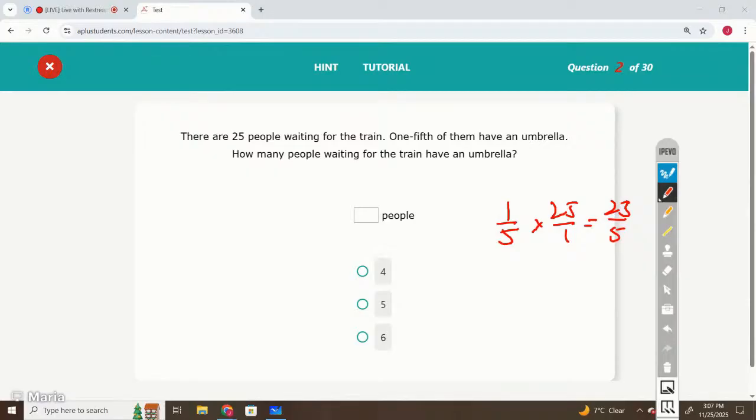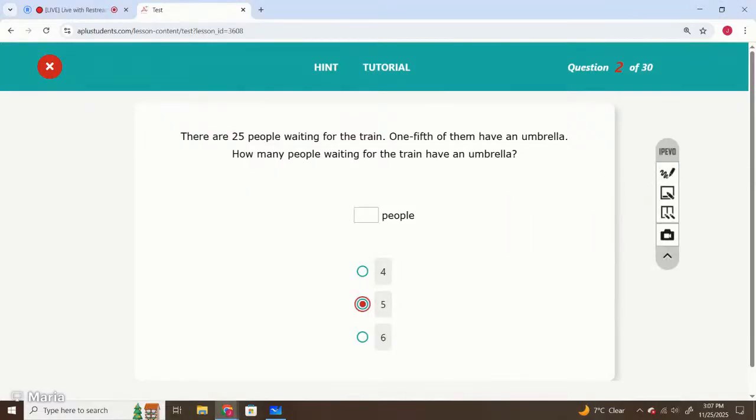So 5 times what number is 25? 5 times 5 is 25. The correct option is 5. Option number 2 is the correct option.